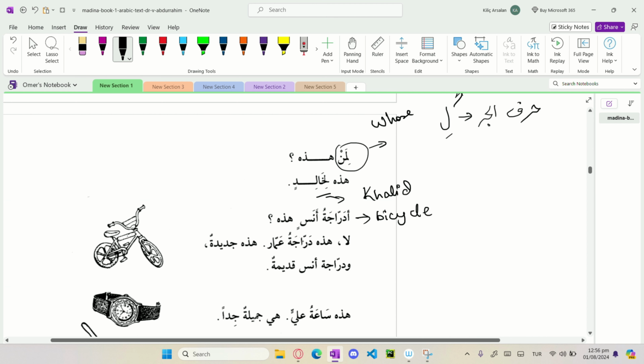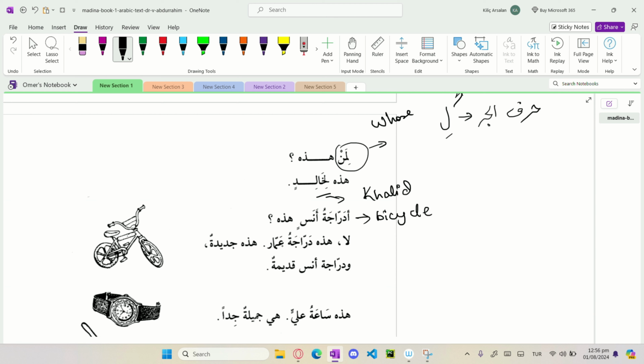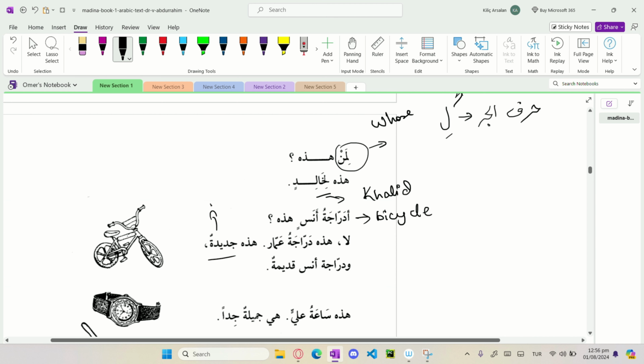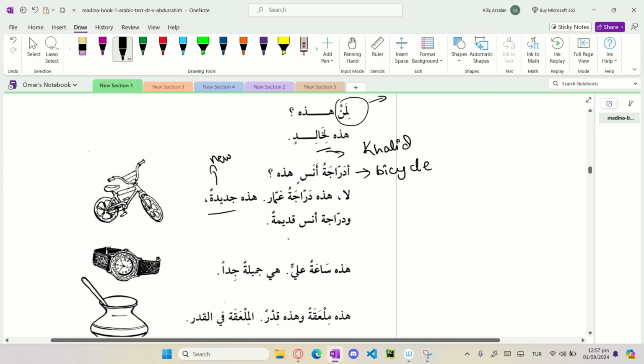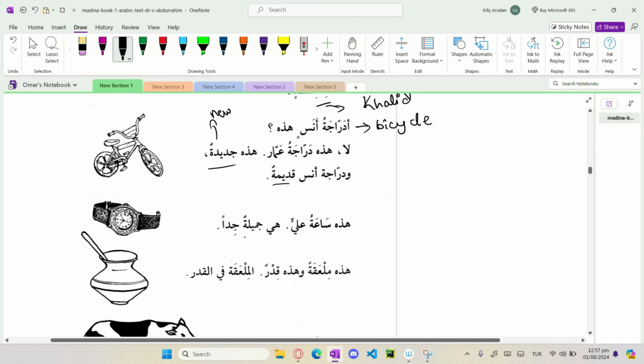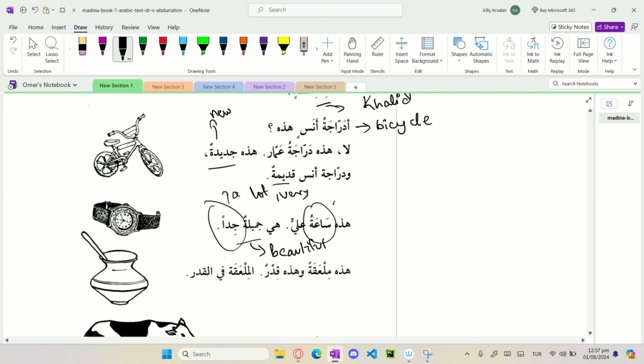Is this Anas's cycle? لا هذه دراجة عمار. هذه جديدة. جديدة means new, and since it's talking about دراجة which has a ta marbuta, hence جديدة. والدراجة أنس قديمة, and Anas's bike is old. هذه ساعة علي هي جميلة جدا. جدا means a lot, very. جميلة means beautiful. So هذه هي جميلة جدا. So it's talking about the sa'a, the watch.